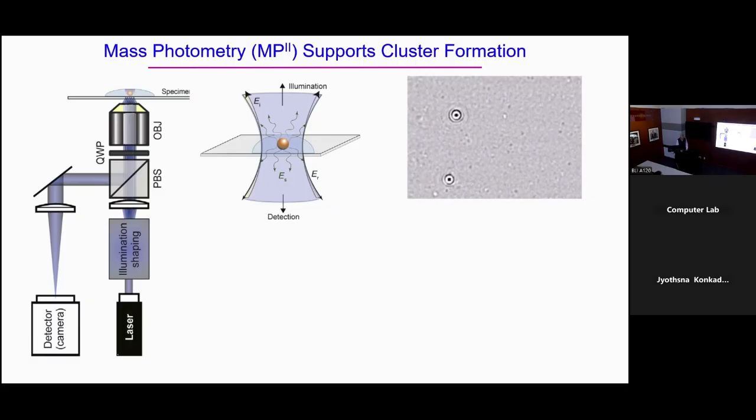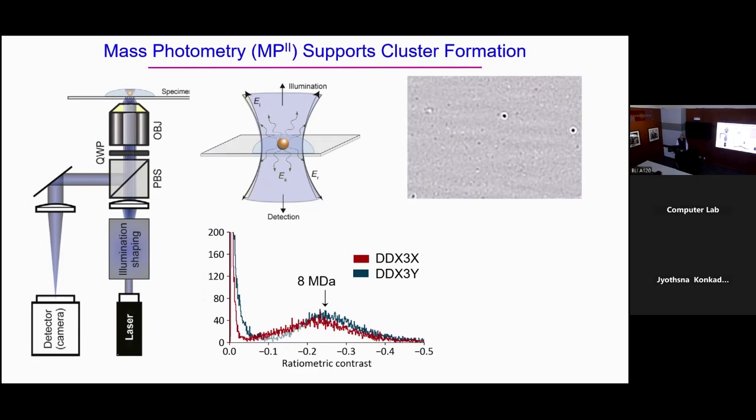The interference between a reflected wave and the scattered light is directly proportional to the mass of the particle. So that's why they call it mass photometry. We measured 8 megadaltons for this. The subunits of this are about 70 kilodaltons, and the RNA, as I said, is 20-some kilodaltons. So that's many, many proteins in these clusters. You can see each one of them land there, and sometimes it goes light, that's when it dissociates.